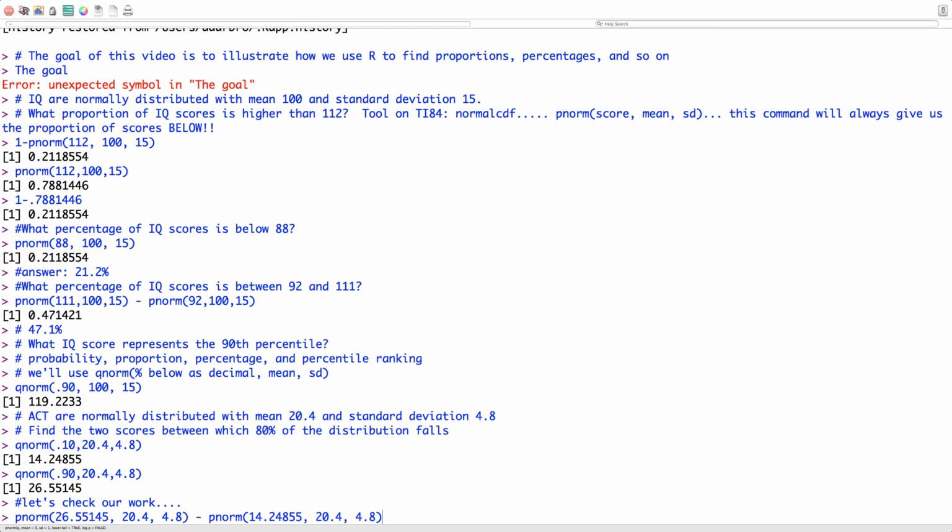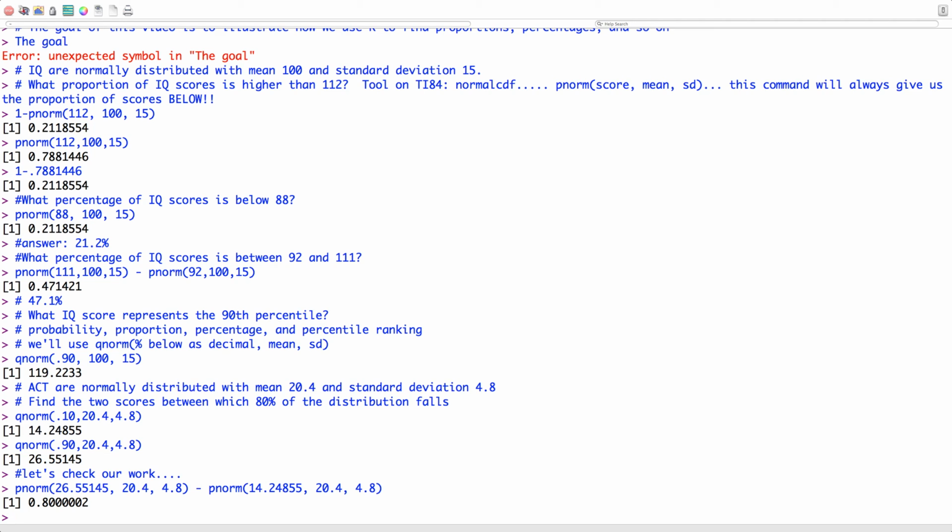What's this going to give us? It's going to give us the area between the two values. Is that close enough to 80% for you to walk out of that test feeling you got that problem correct? I think it is.